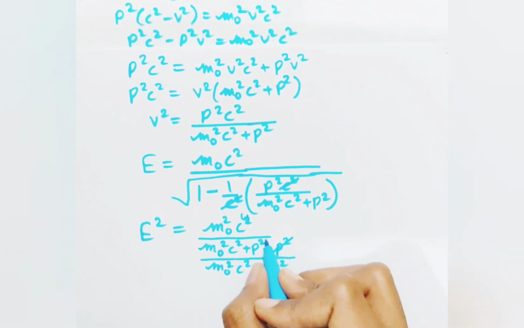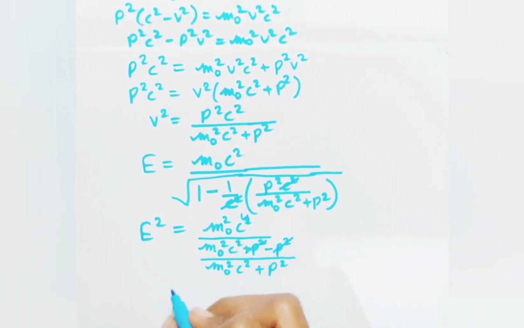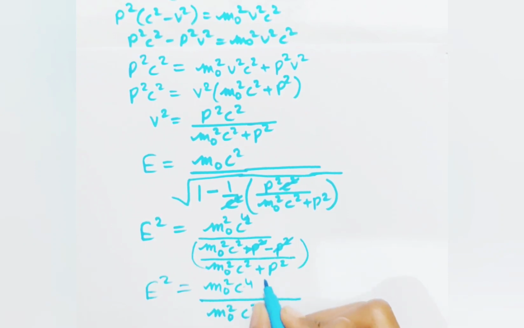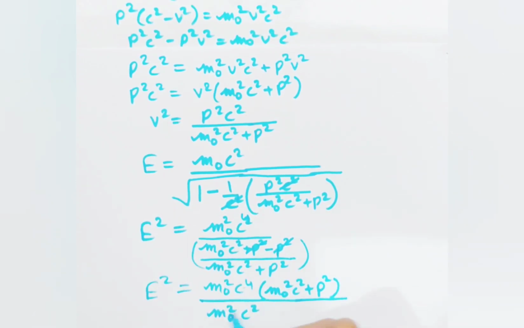We can cancel out minus p squared plus p squared, and we can rewrite E squared as m naught squared c to the power of 4, and remember that this is in brackets, divided by (m naught squared c squared plus p squared).